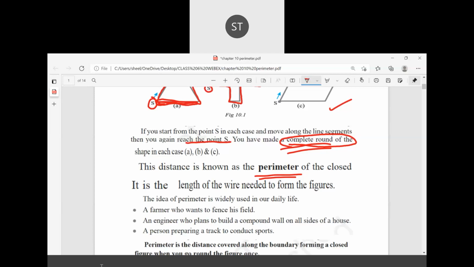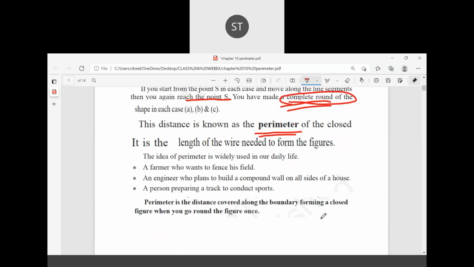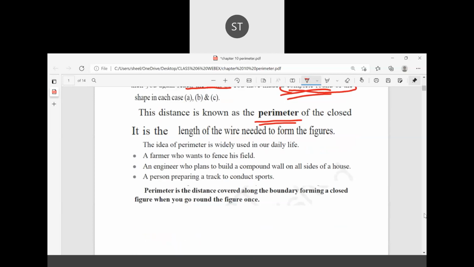So what is the definition of the perimeter? Perimeter is the distance covered along the boundary, forming a closed figure when you go round the figure once. I repeat, perimeter is the distance covered along the boundary, forming a closed figure. It should be a closed figure, right?